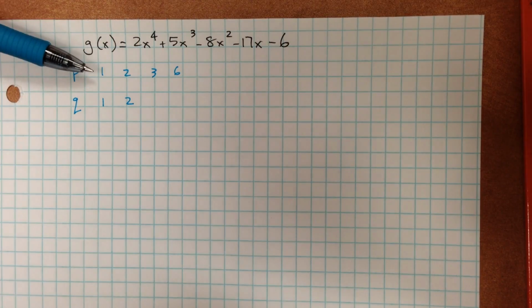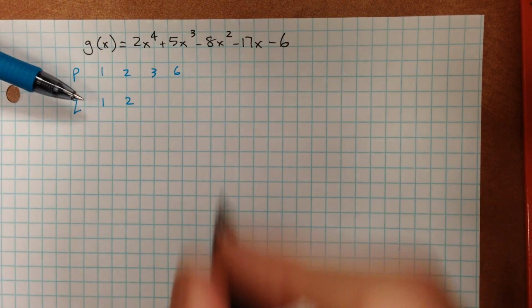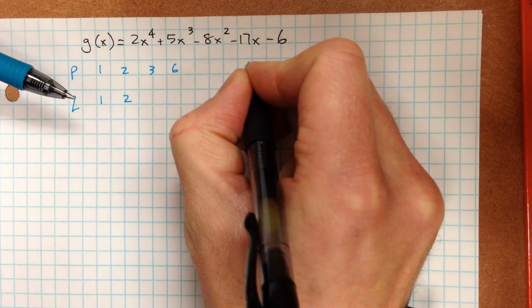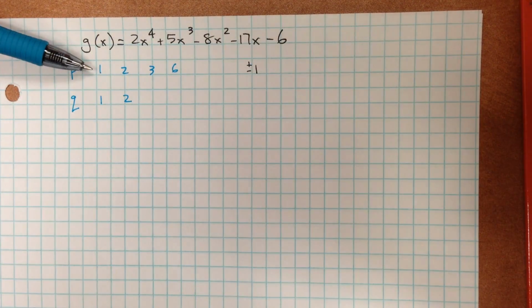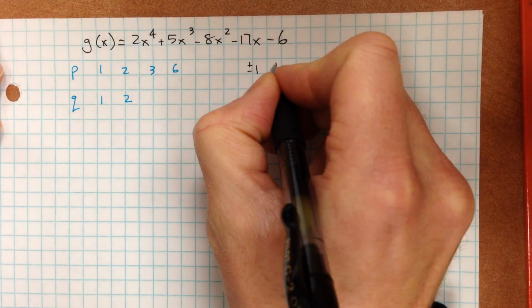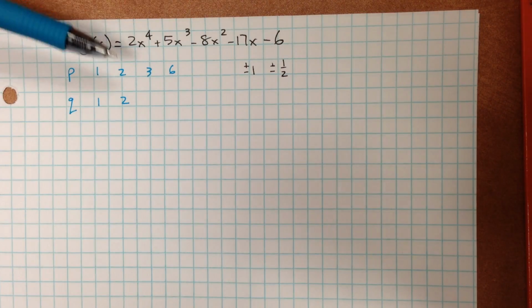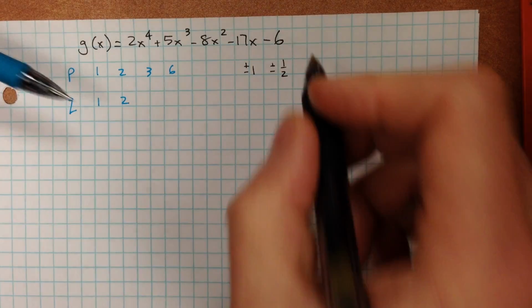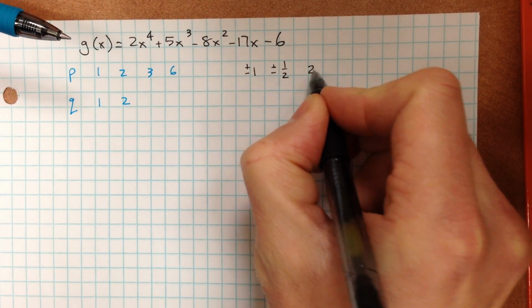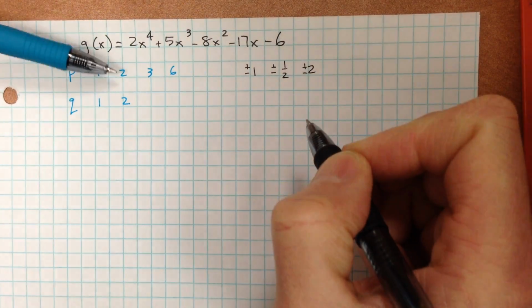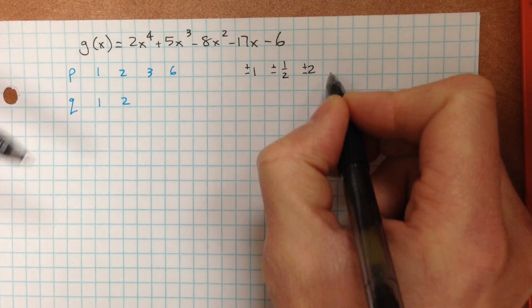So first I will start with 1. 1 over 1 gives me a value of 1. Then it is 1 over 2, 1/2. Now we will do 2 over 1, which gives me 2. And then 2 over 2, which gives me 1.